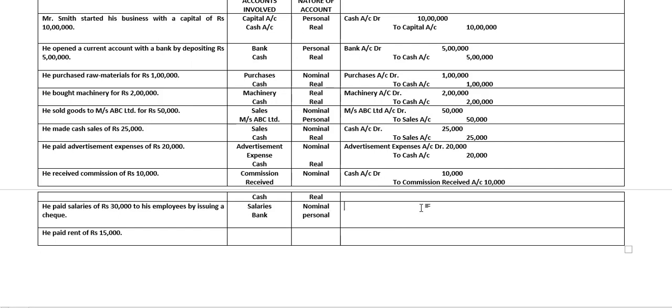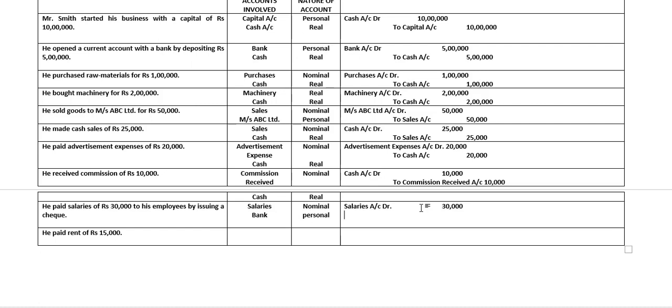So now, since salaries are expenses and all expenses are debited, salaries account debit with the amount of transaction, which is 30,000 in this case, and bank being a personal account is actually giving the amount.